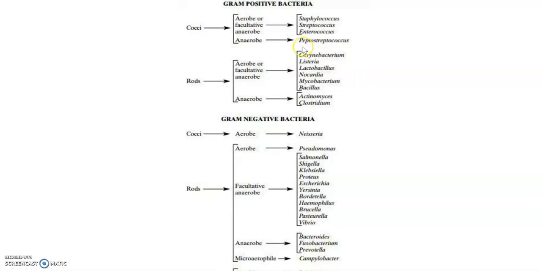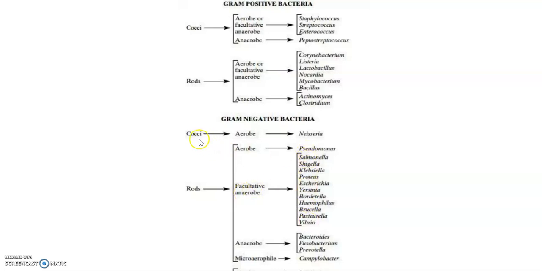So here are some possible results of doing these types of tests. First, of course, you're going to start out with your morphology. Let's say you're working with a gram-negative rod. If it's a gram-negative rod and it's a facultative anaerobe, it can be any of these.